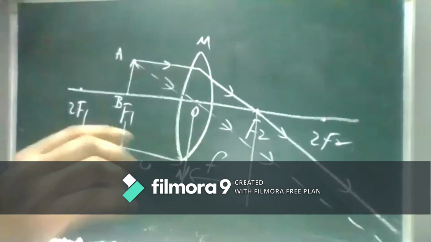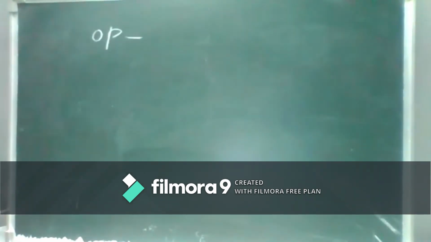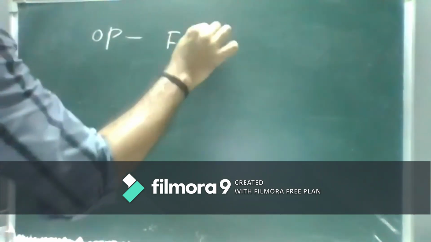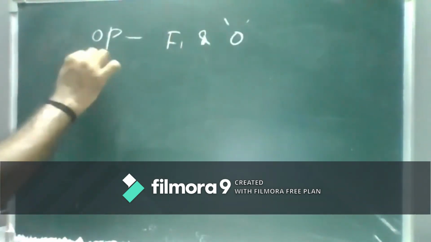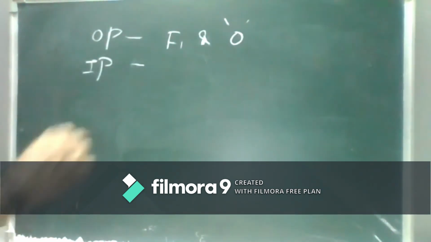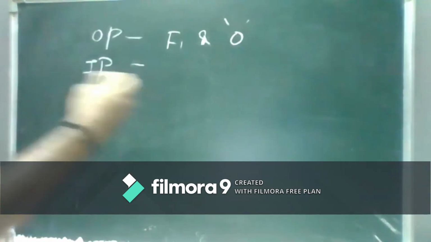Next, the last ray diagram for the convex lens. So far we have discussed only real and inverted images. This one is virtual. The object position is between F1 and the center of the lens O. The image position is on the same side of the object.